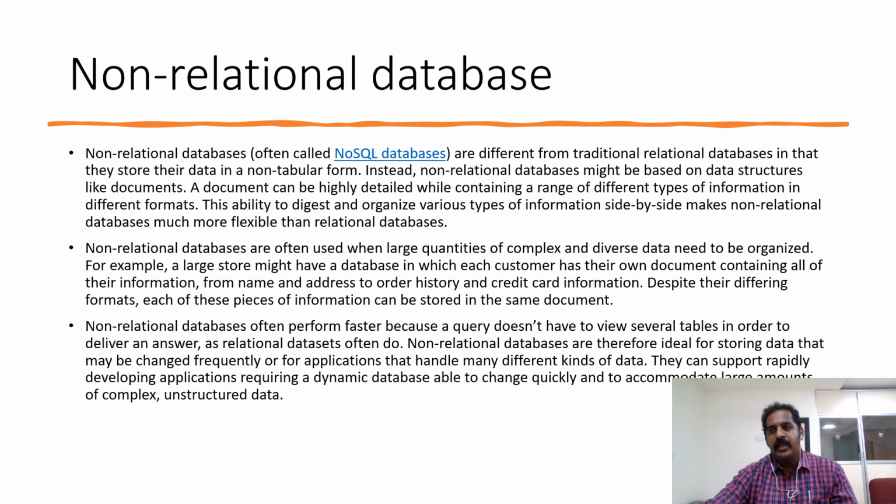If you have 5,000 customers, when you are searching on a relational database management system, you need to go through all the files in the relational database. But in a non-relational database, since it is a document type of structure, it directly goes to the concerned customer and takes his address or the billing history or whichever you need. So a non-relational database is a much faster way of getting things done.